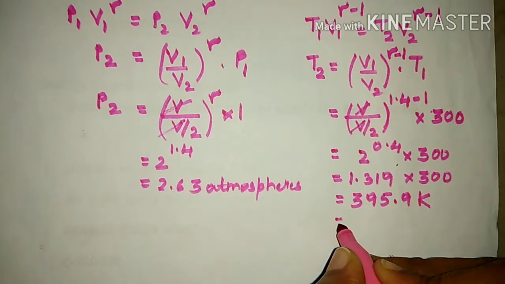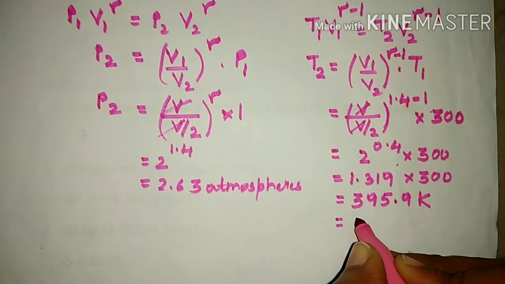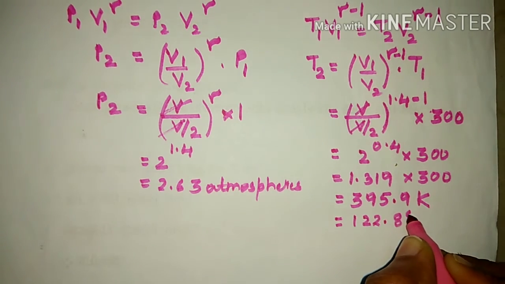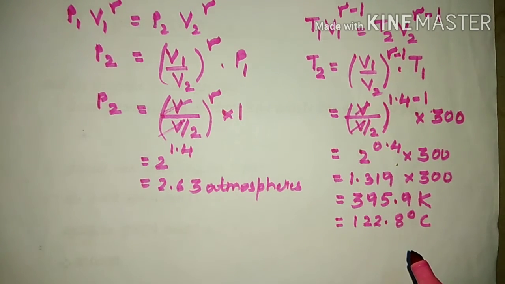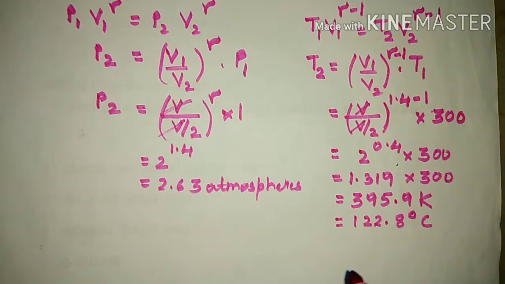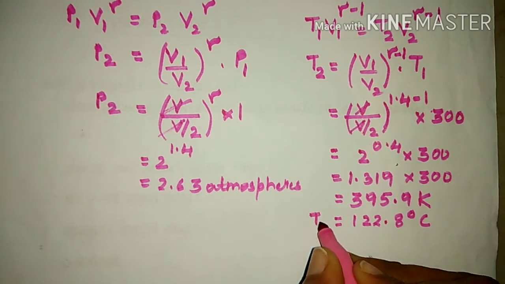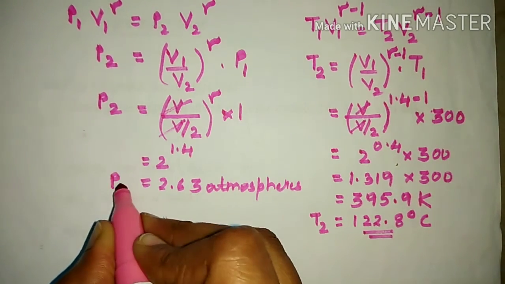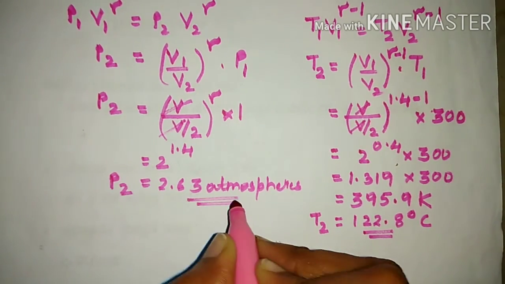Or in Celsius, minus 273 will give 122.8 degree Celsius. So you have got the final temperature T2 and the final pressure P2.